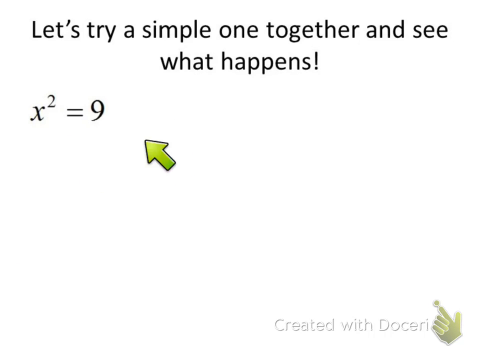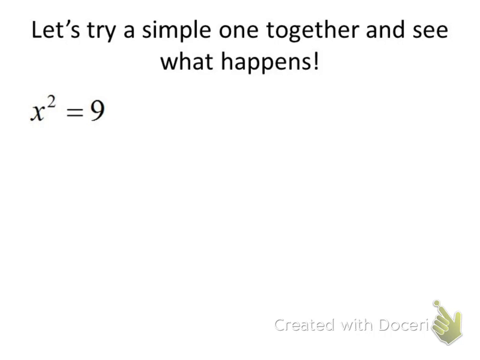So, this is just a practice problem before we get into actual examples. This is not example 1. Example 1 is after this one. Remember, when you are solving an equation, you're trying to find out what makes the statement true, like what you could plug in for x and get a true statement. So this is basically asking you, what number would you square to equal 9? 3. Okay, great.